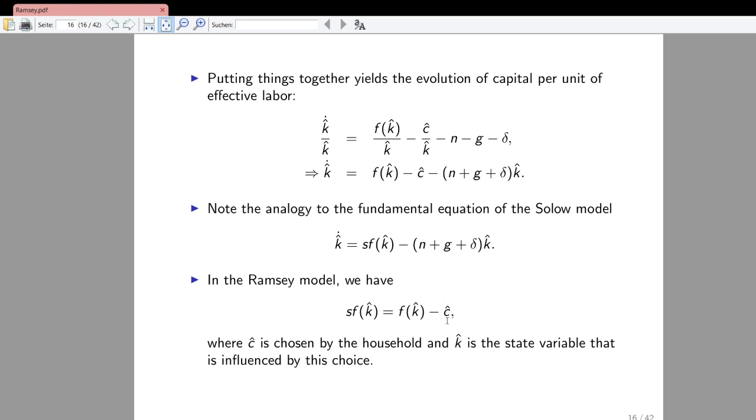And consumption per unit of effective labor is again an endogenous variable, an endogenous choice variable of the household, so it's determined endogenously in the model. And with that, basically, what is determined endogenously in the whole expression is the saving rate. So households in the Ramsey-Cass-Koopmans model choose the saving rate endogenously, and in the Solow model, they take the saving rate as an exogenous parameter, basically.